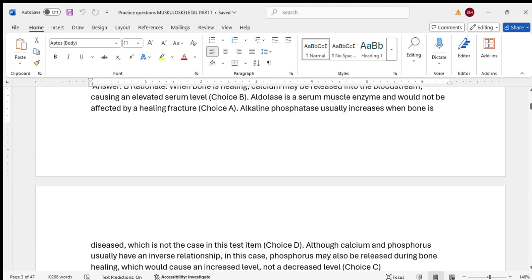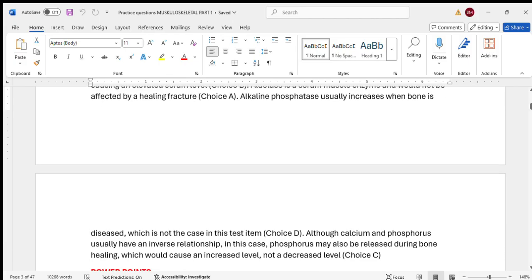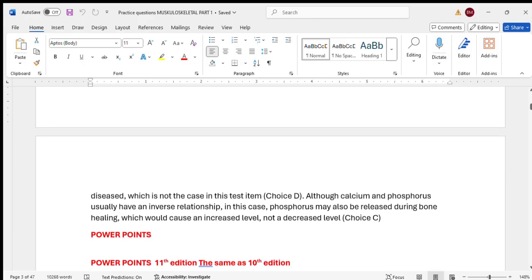Review which enzymes are related to muscle and which are related to bones. And we know that calcium and phosphorus have an inverse relationship. When calcium is high, phosphorus is decreased, and vice versa.